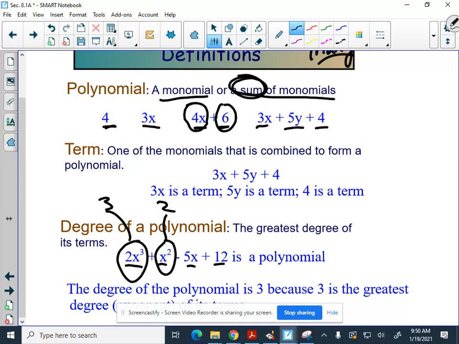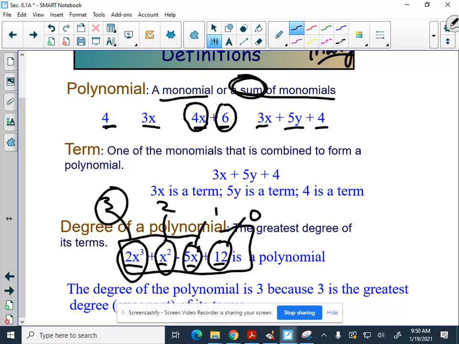Now we are not adding them together. What's the degree of just that one? 1. And the degree of that one? What's the biggest number you see there? So that whole polynomial is a degree of 3. It's the biggest of the terms when you look at the powers.